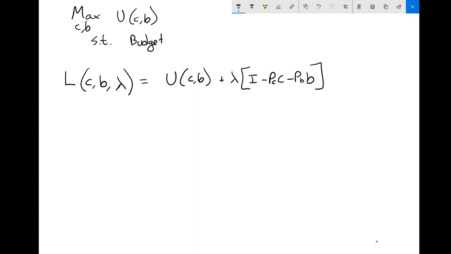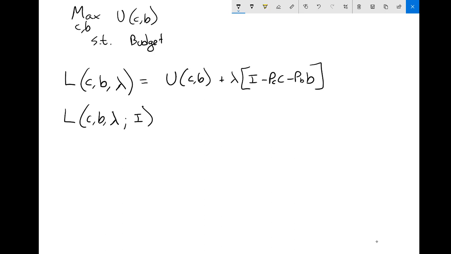Okay, so if I wanted to know how does a change in income affect my utility, what I'm first going to realize here is that income is a parameter in this function. So this is how we usually notate it, that the variables are first and they are separated by commas, and then the parameters come after a semicolon.